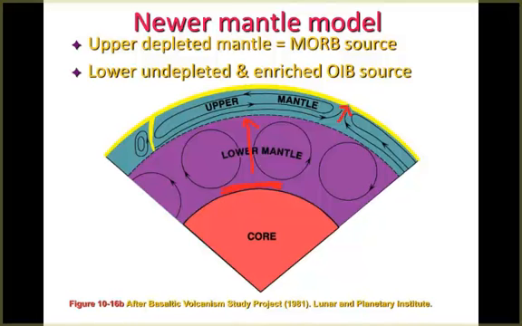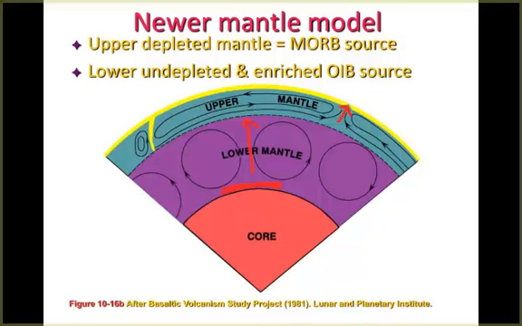So what this says, upper depleted mantle, is a source of the mid-ocean ridge basalts, and the lower undepleted and enriched mantle is a source for the oceanic island basalts. Those are the hotspot basalts.